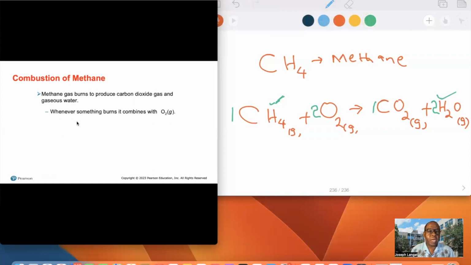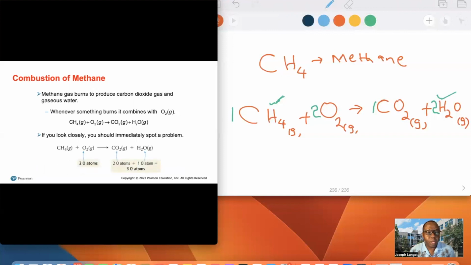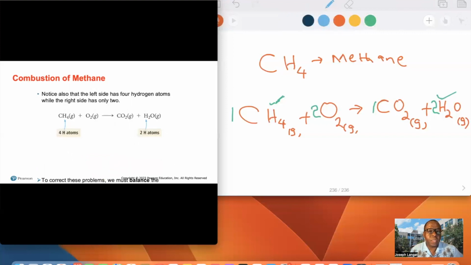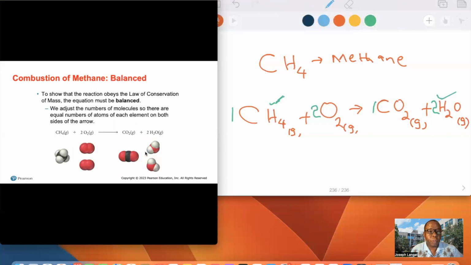You will be a non-starter in balancing the equation. If you cannot write the formulas, you cannot balance the equation. So this is what I just did. And we balance the equation by adding the oxygens. And finally, here is the balanced equation.